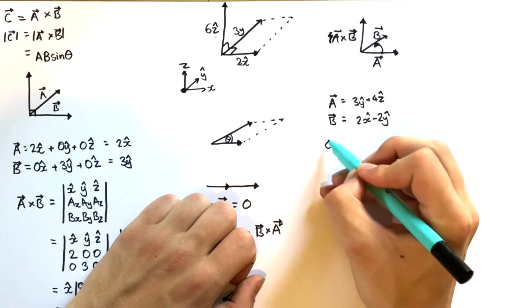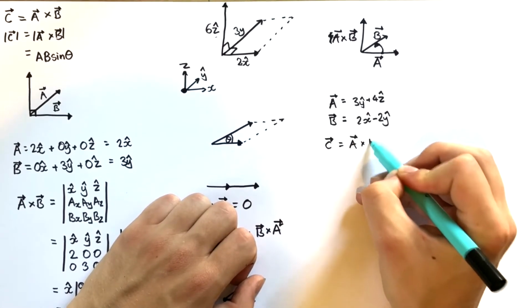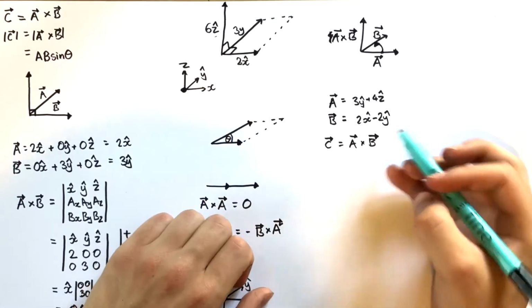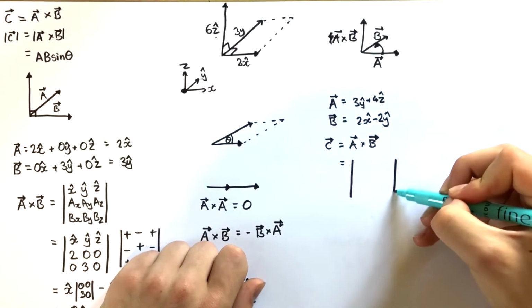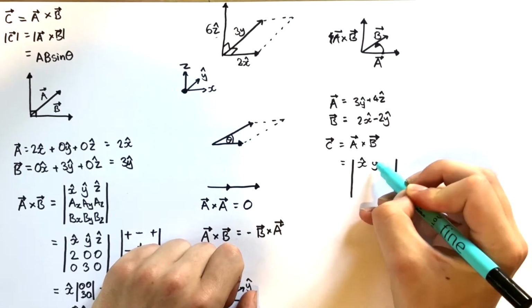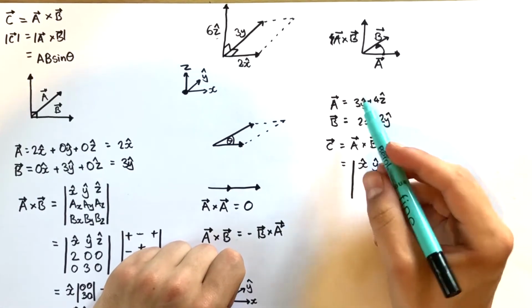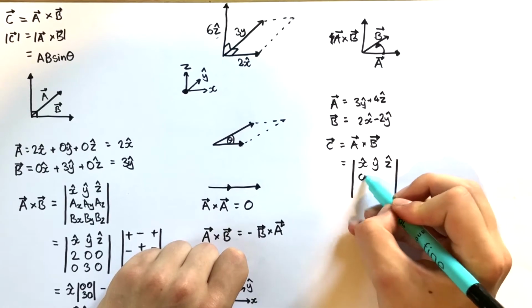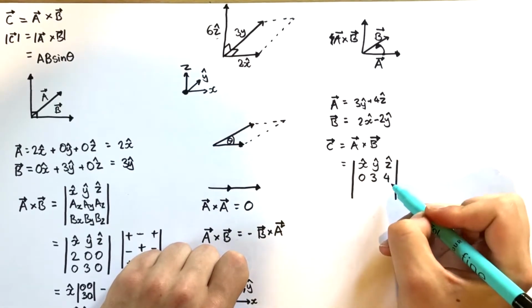And our job is to find C, which is the cross product between A and B. So how are we going to do this? Well, we're going to draw out our mighty matrix determinant right here. We're going to draw the three unit vectors, x hat, y hat, and z hat. And we're going to input vector A: nothing in the x hat, it's got 3 in the y hat and 4 in the z hat.